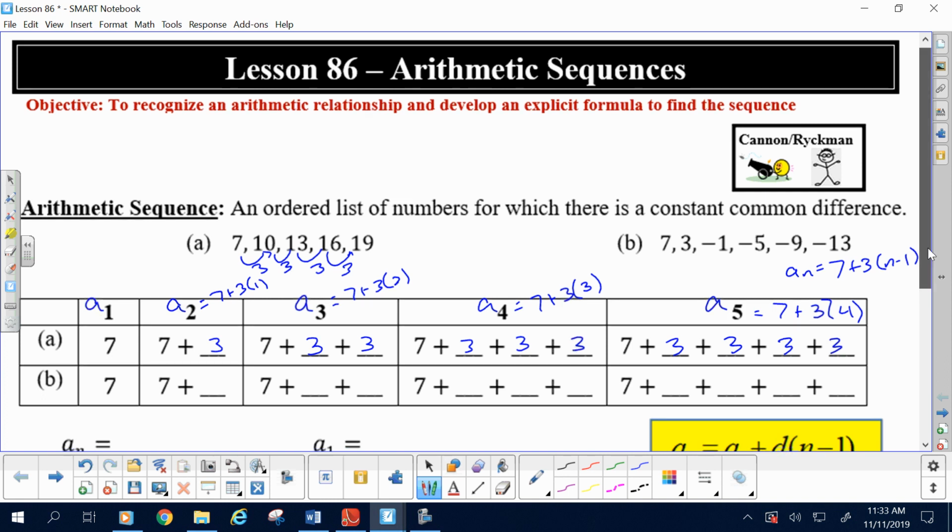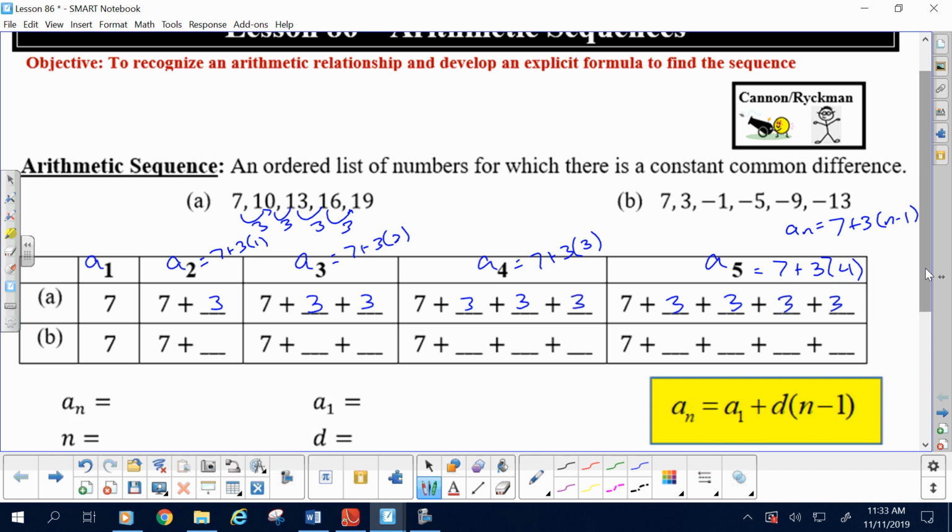You with me? Okay, look at the second sequence. It's subtracting 4 each time. So the first term is 7. The second term is starting with 7 and subtracting 4 once. The third term is subtracting 4 twice. The fourth term is subtracting 4 thrice.